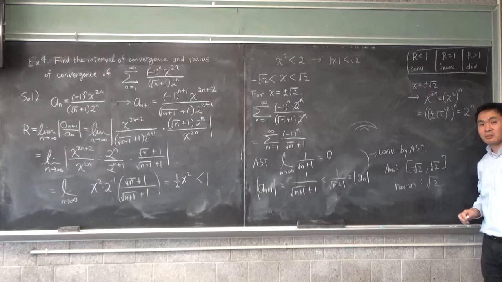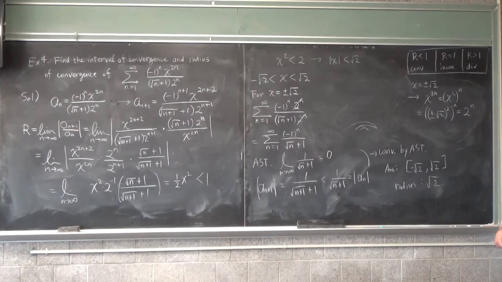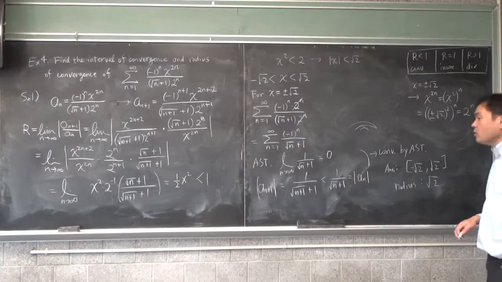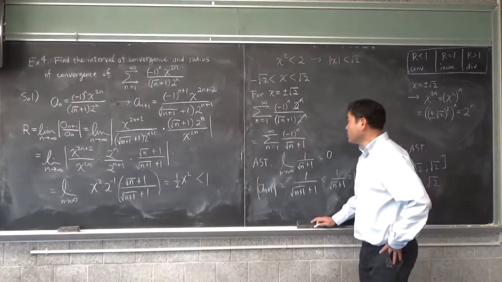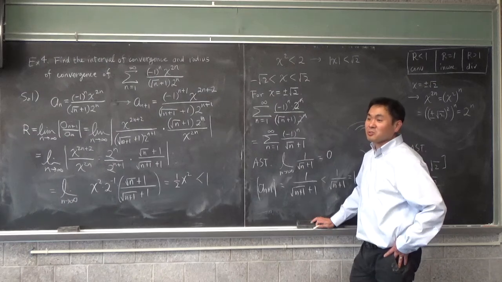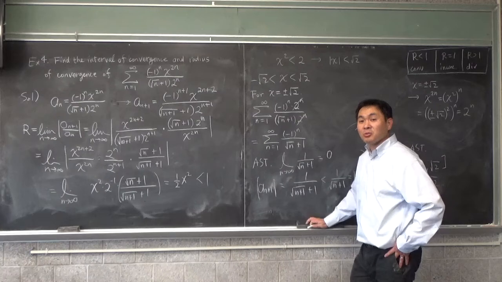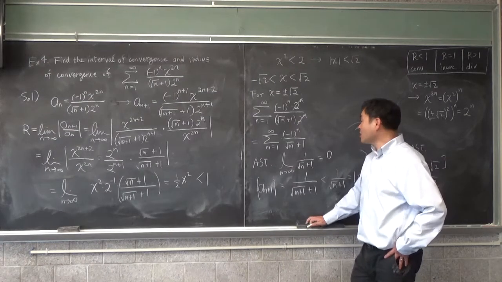That's the radius. Yes? The question is, when you see an alternating series, do you always use the alternating series test? No, sometimes you can just take the absolute value and show that one converges. In our case, that's tough luck.